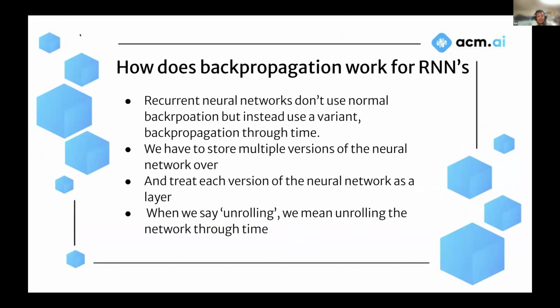We treat every single previous time step as a layer to the new time step. That's how we backpropagate through our neural network, and this is called backpropagating through time, and that's what we mean when we say unrolling. We're just unrolling your neural network through time. It's the same layers, the same neural network, but every single time step is treated as an architecture. And when you think about it, that makes sense.